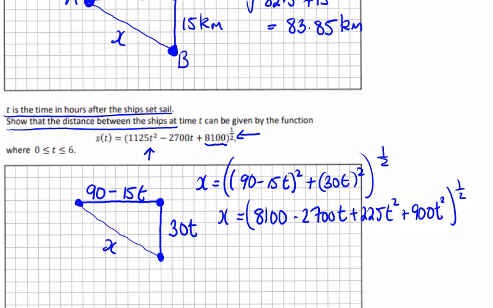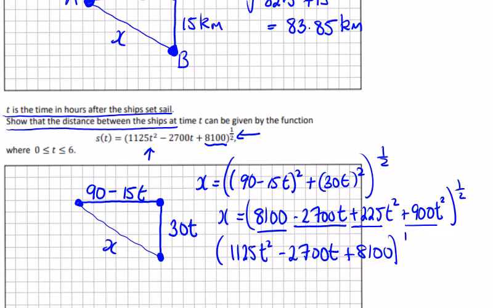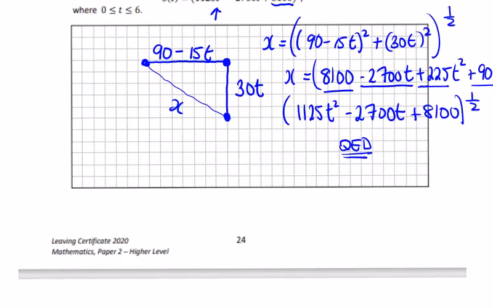So we're going to get t squared, we're going to have 900, we're going to have to add 225, that's 1125t squared minus 2700t plus 8100, all to the power of a half. So we have shown what they've asked us to show, quod erat demonstrandum.